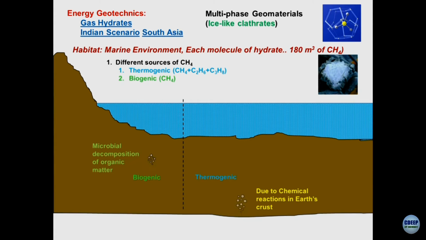We will be more interested in biogenic methane, because thermogenic methane would require some sort of a refinery, and microbial decomposition of the organic matter which is present in the sediments is the main cause of biogenic methane production. And I hope now you can realize why most geotechnical engineers like us are venturing into the biogeointerface, and what really happens when the sediments are attacked by the biotic, microbial activity.